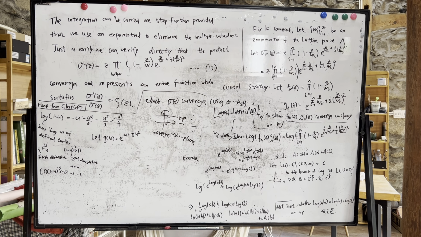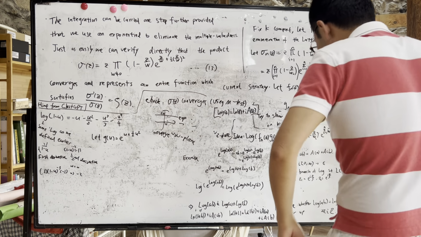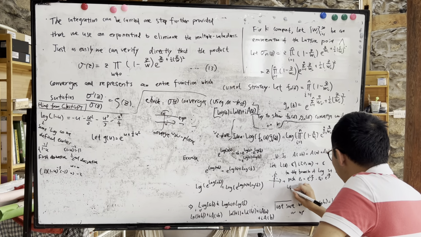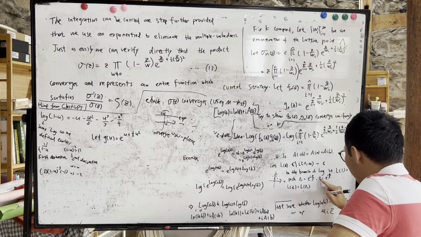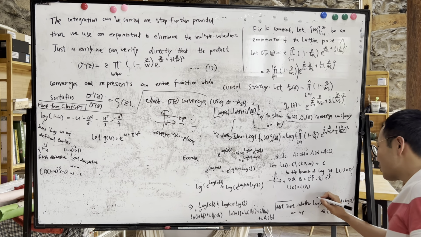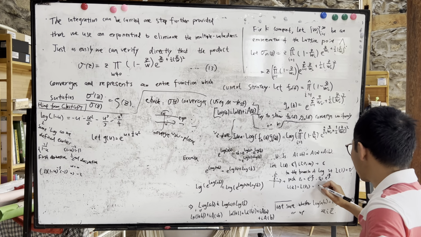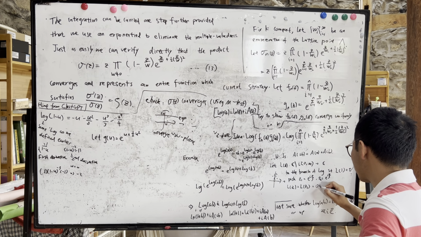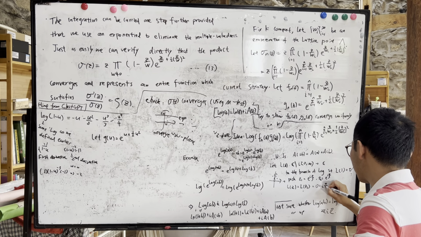Okay, so what I want to say is that after we take the log, L of Z1, which is equal to L of Z2, which is the same thing, is the real log of the modulus 1, so the real log of 1, which is equal to 0, plus I times pi over 3, right?